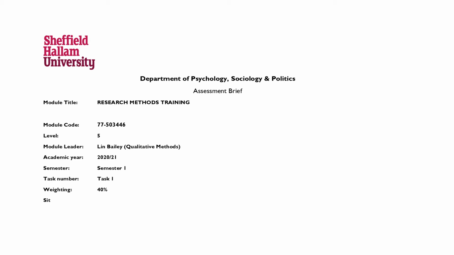And of course, there's all the other things about uploading your assessments and university policy, etc. Like I've already said, please do always keep the assessment brief handy whenever you're writing an assessment, because it's really useful to make sure that you're doing everything that needs to be done. So of course you've got your grading criteria that you can keep checking, to see if you're doing all the right things, as well as the assessment guidelines. So moving on.